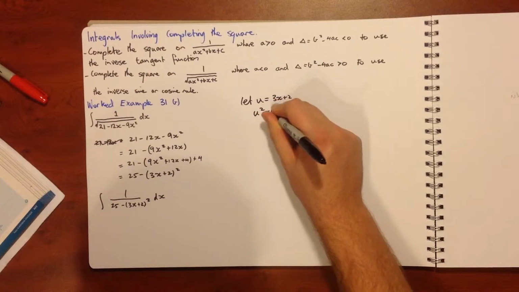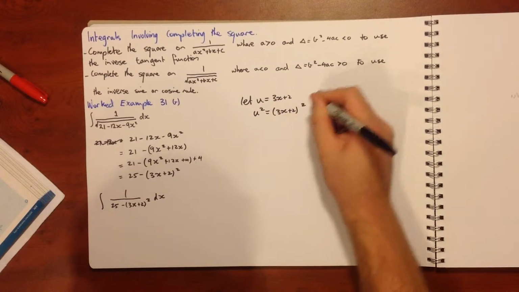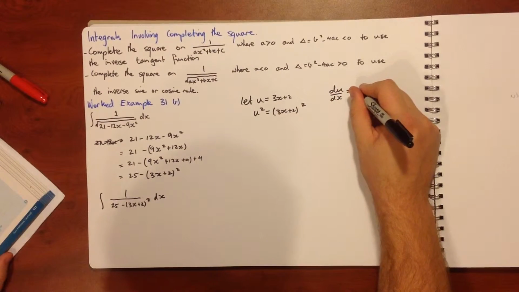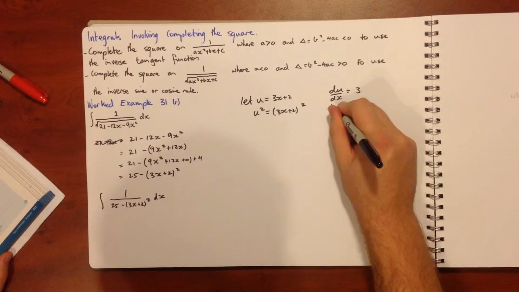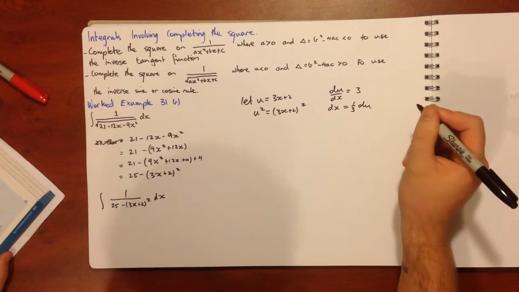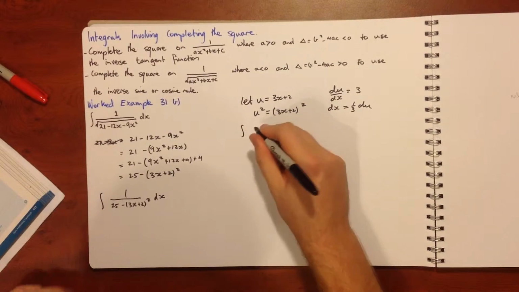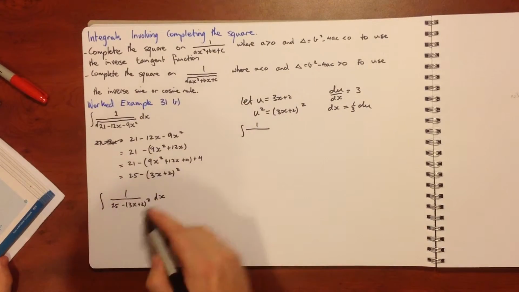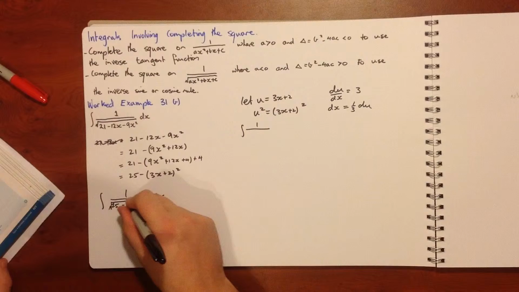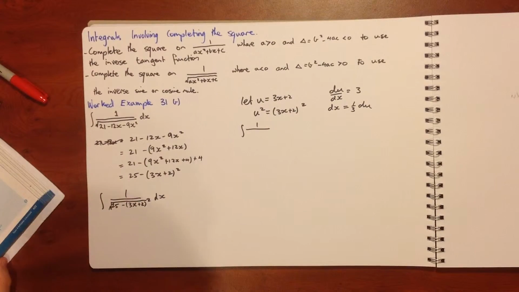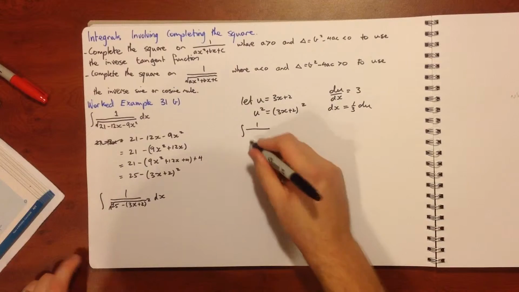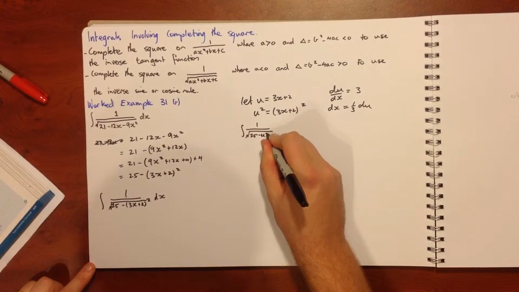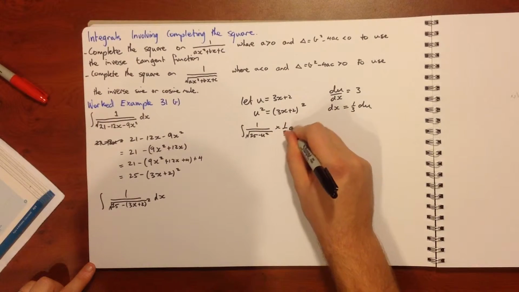Then u squared equals our 3x plus 2 squared, and du dx is going to equal 3, which means dx equals 1 on 3 du. Oh sorry, it's not going to be our tan, I forgot our square root sign. So it won't end up being a tan, sorry about that. We end up with 1 over the square root of 25 minus u squared times 1 on 3 du.